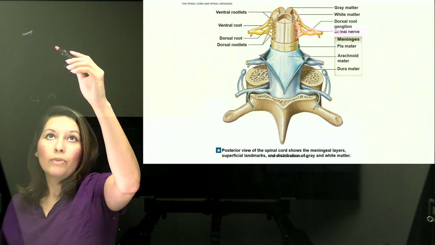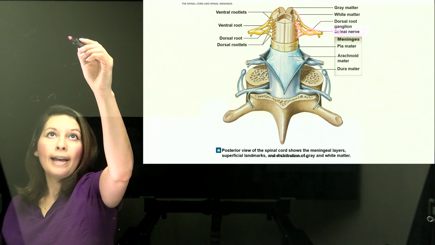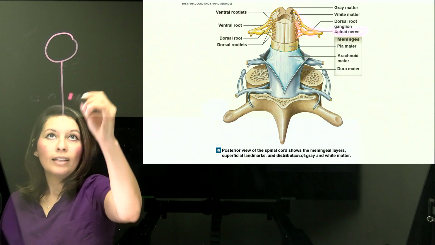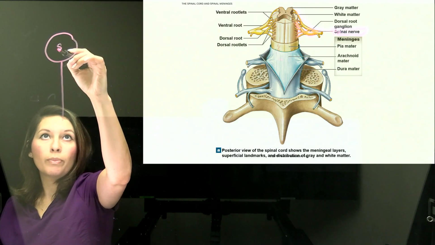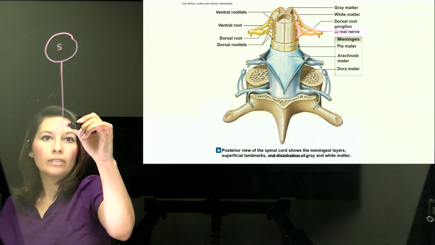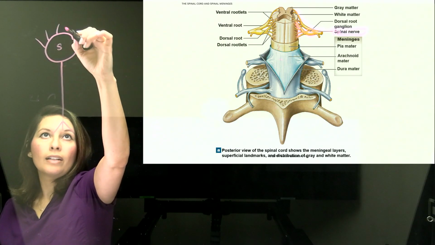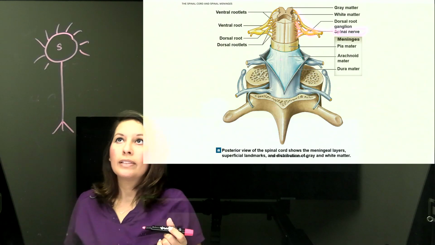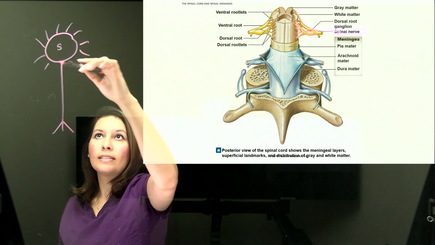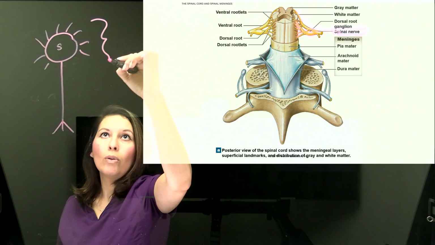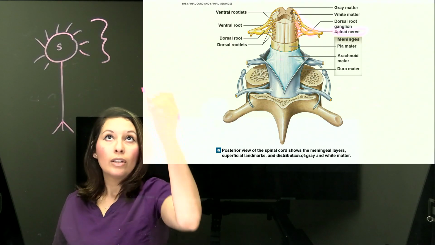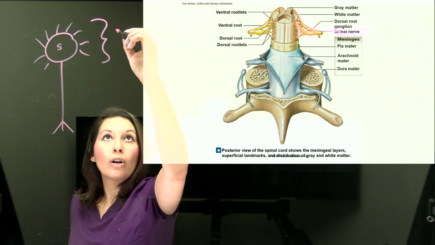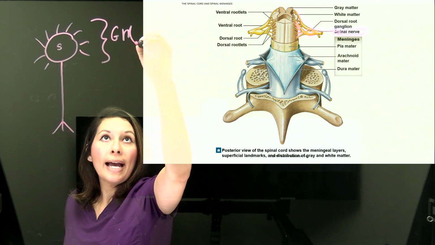Remember, if you have a neuron, which we were mentioning before, right? Let's say that this is the cell body or soma, this is the axon, right? And these are the dendrites of a neuron, right? You're going to see that typically the cell bodies are found within your central nervous system, specifically in an area that we call the gray matter, right?